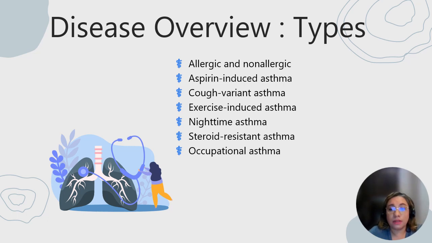Exercise-induced asthma is when bronchoconstriction occurs as people engage in physical exertion that narrows the airway. And nocturnal exacerbation of asthma is closely linked to circadian rhythm. However, not much is known about why this happens.